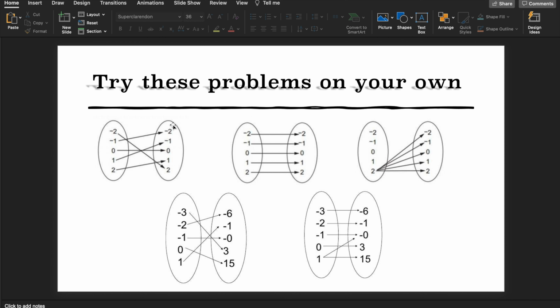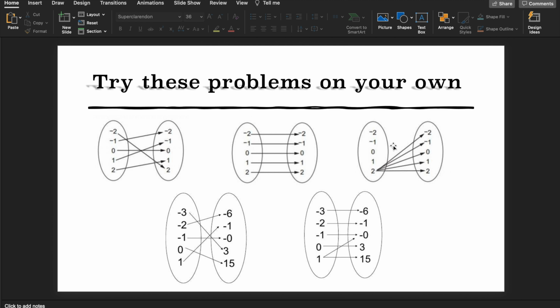This is a function because one value of x maps to only one value of y if you check for all of them. And this is a very special kind of function which we will do later. Only one value of x is being mapped to only one value of y. So this is a function. How about this? No. One value of x is being mapped to multiple values of y.